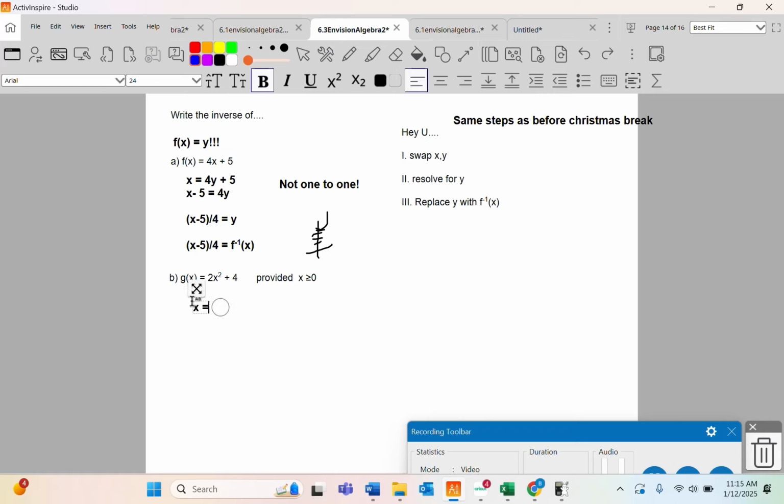G of x becomes x. And everywhere I see an x, I become a y. We're going to subtract the 4. We're going to divide the 2 out. I wish I had my board at work.